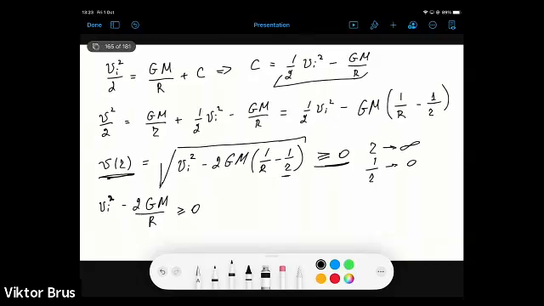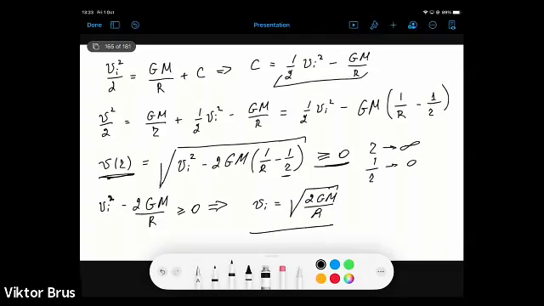So let us consider the case of the minimum velocity which will be required to escape the gravitational field, which is called escape velocity. Then we can write from here that V initial, which is required to be provided to the projectile in order to escape the gravitational field of the planet, will be equal to the square root of 2G times mass of the planet divided by its radius.